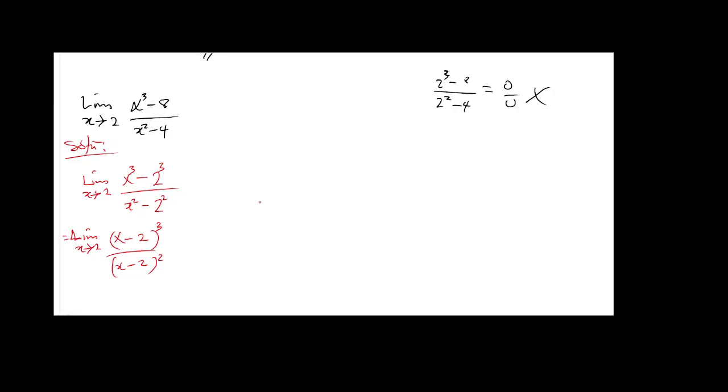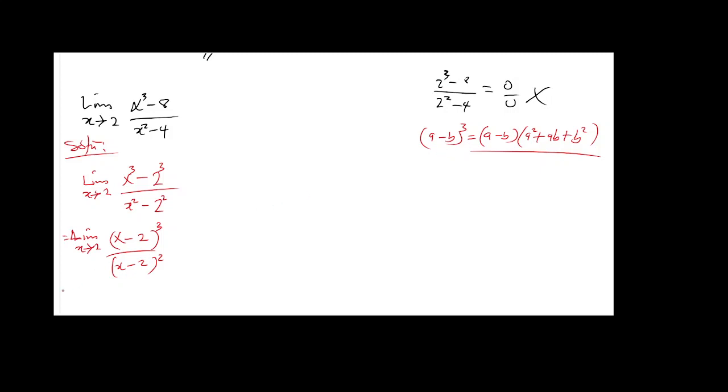Now we already know for a difference of squares, at the top we have difference of cubes, and difference of cubes, if we have a cubed minus b cubed, can be written, if you expand this, we are going to have a minus b multiplied by a squared plus ab plus b squared.